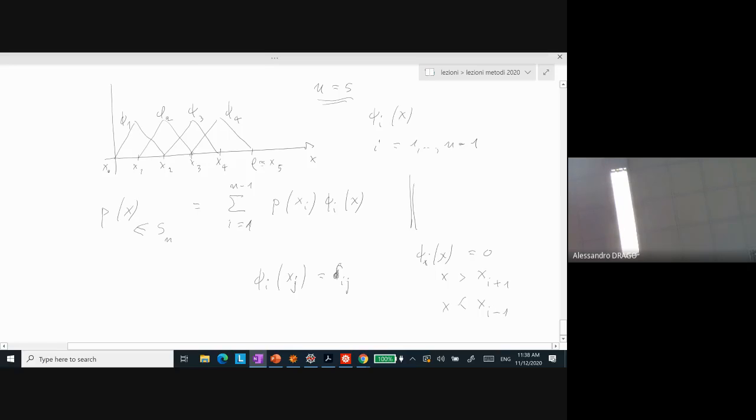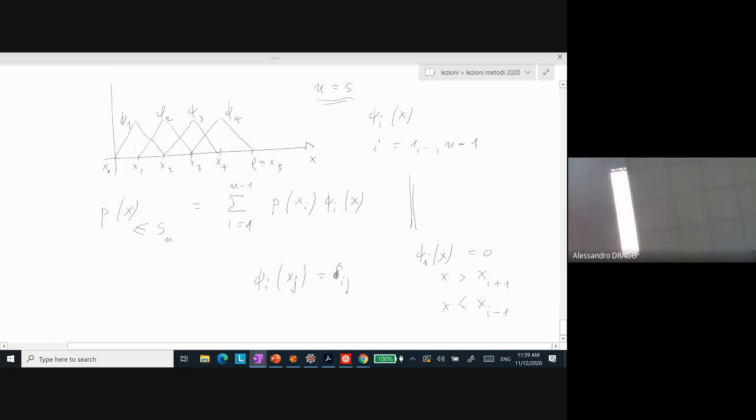These are the properties that we can use in our discussion. So how do I show that whatever linear function, linear between the points of the grid, belonging to the subspace Sn, can be written in this way?